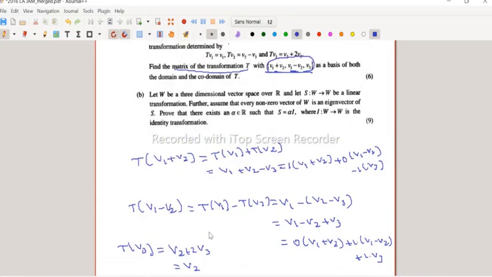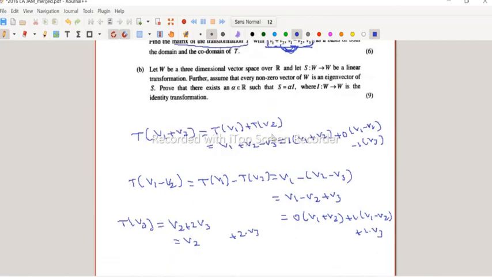V3 is not a problem. We have 2 times V3, and it's not an issue because V3 does not appear in the first two vectors. But a single V2 is there.